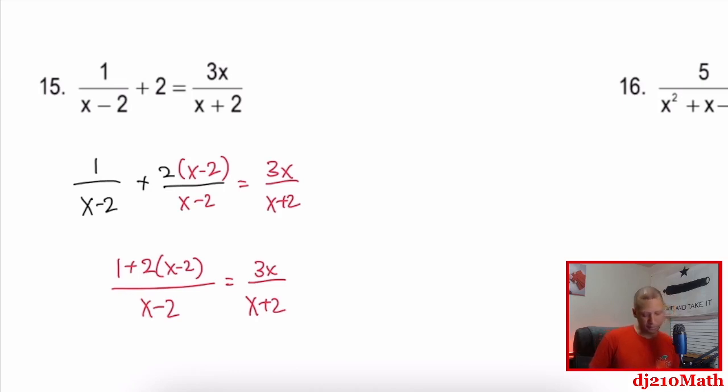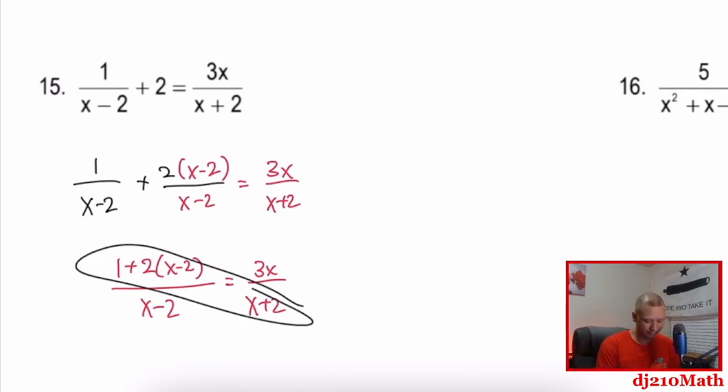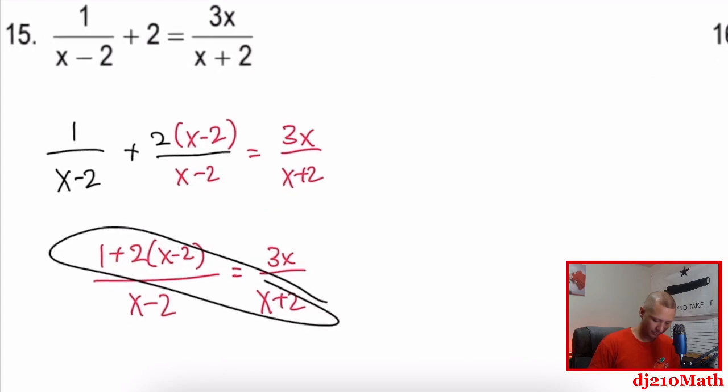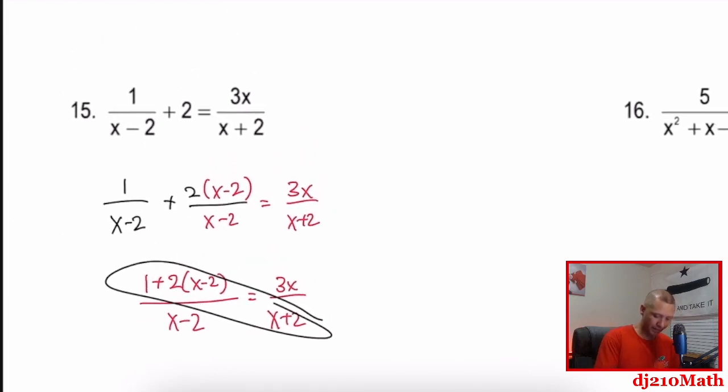All right. How do we want to proceed? Let's just stick to what we've been doing. Multiply this. All right. First off, X can't be 2 or negative 2. Let's just throw that out there.